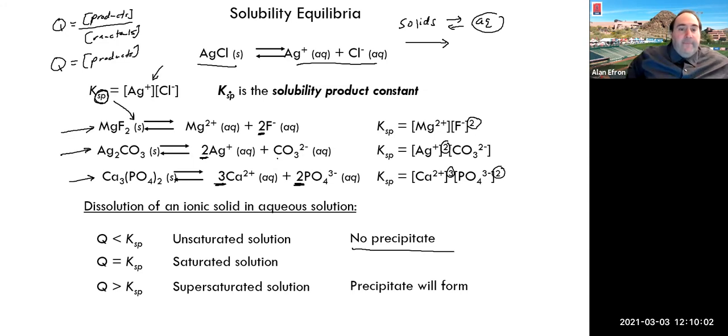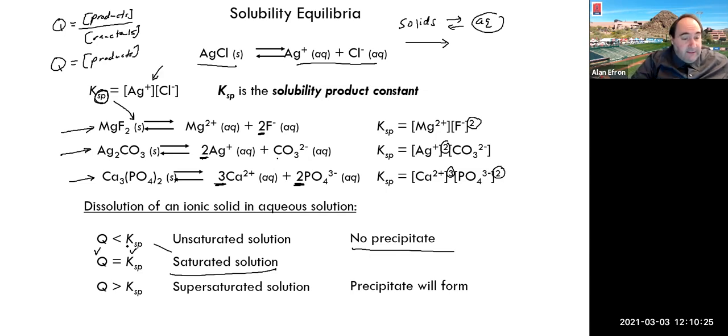As you may remember, an unsaturated solution is a solution that if you go and dissolve more solute in it, it will continue to dissolve. It will continue to dissolve until you hit a saturated solution, and that is when Q would equal the Ksp.